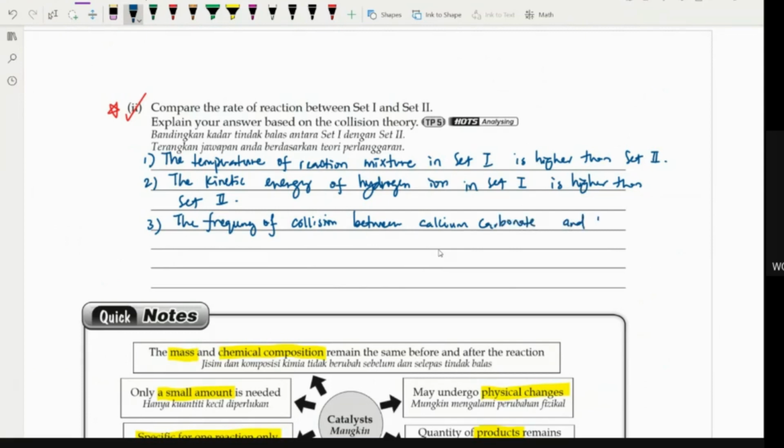Hydrogen ions in set 1 is higher than set 2. Point number 4, again, the frequency of effective collisions. The only difference between point 3 and point 4 is that this one is the effective collisions. So I hope you can remember these two.